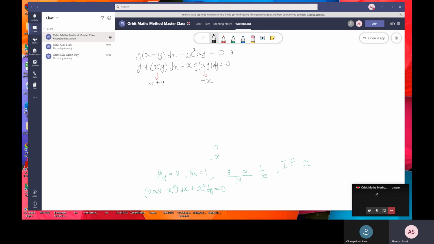What's our M from the original equation? Our M is xy plus y squared, just open the bracket, plus y squared. And our N is minus x squared.